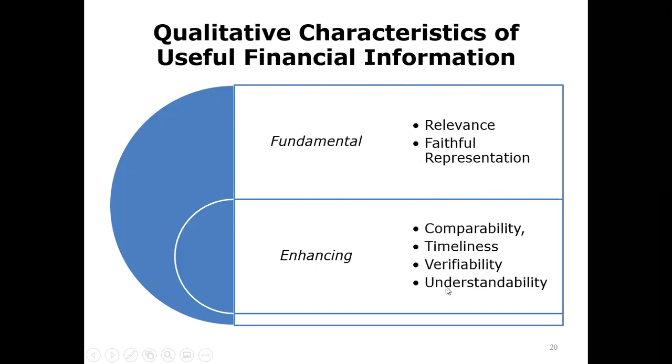And at the same time, it is good if the information that you provide has these enhancing qualities, as they will enhance the usefulness. That's why we call them enhancing qualitative characteristics. So this is fundamental and this is enhancing.